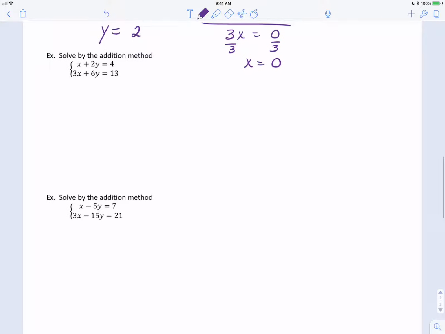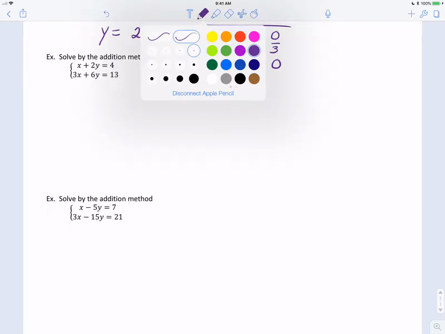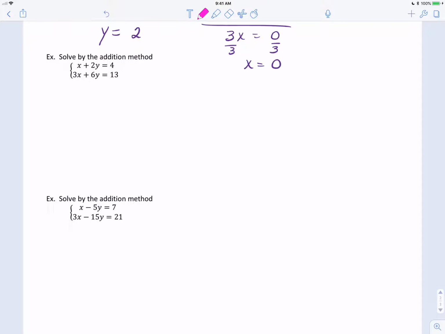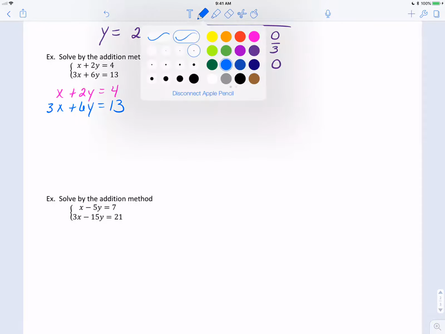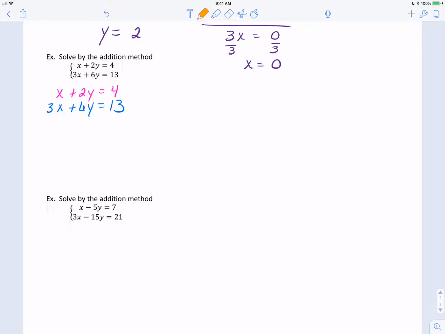Okay, so I think we have a couple more examples. If you guys want to stop your video, try to do it on your own, then feel free to. See if you can come up with what numbers you need to multiply each one by. Okay. So I might just take this first one and multiply it by a negative 3.